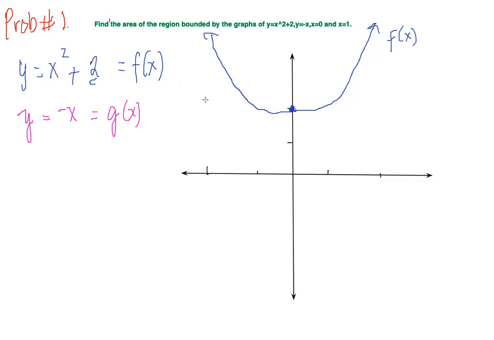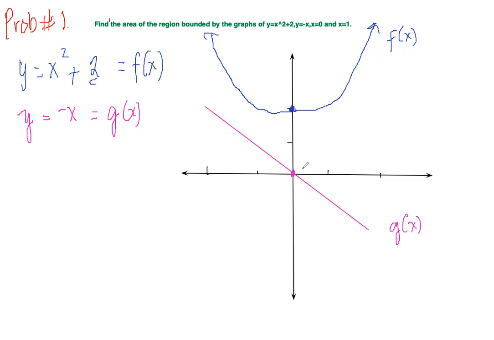Therefore, the graph is falling from left to right. So let me sketch the graph, and it looks this way. It passes through the origin. Let me just put some details. Here we go. So this is our g of x.